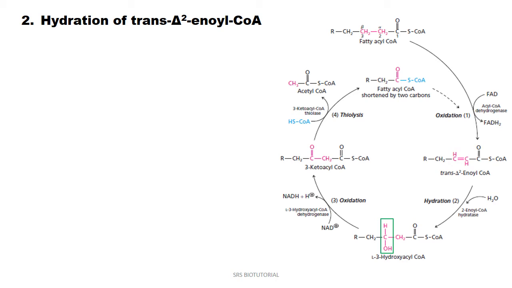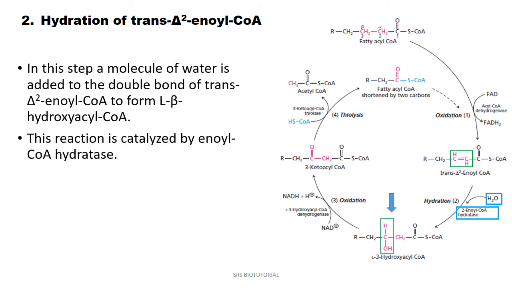Then hydration of trans-enoyl coenzyme A. In this step, a molecule of water is added to the double bond of trans-enoyl coenzyme A to form the L stereoisomer of beta-hydroxyacyl coenzyme A. This reaction is catalyzed by enoyl coenzyme A hydratase.